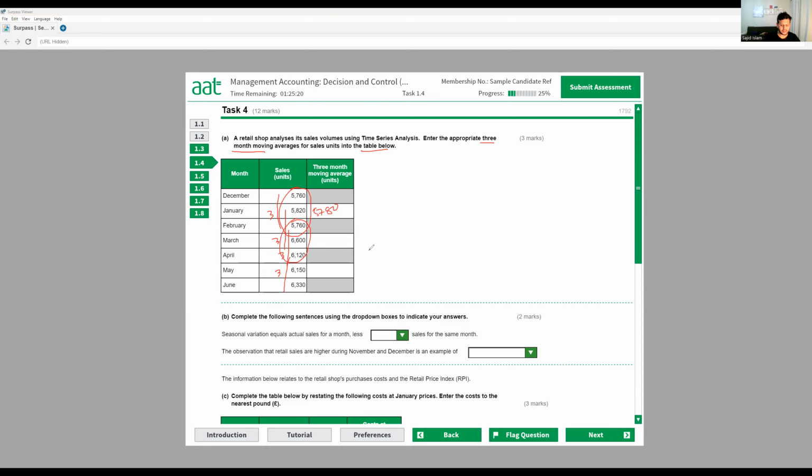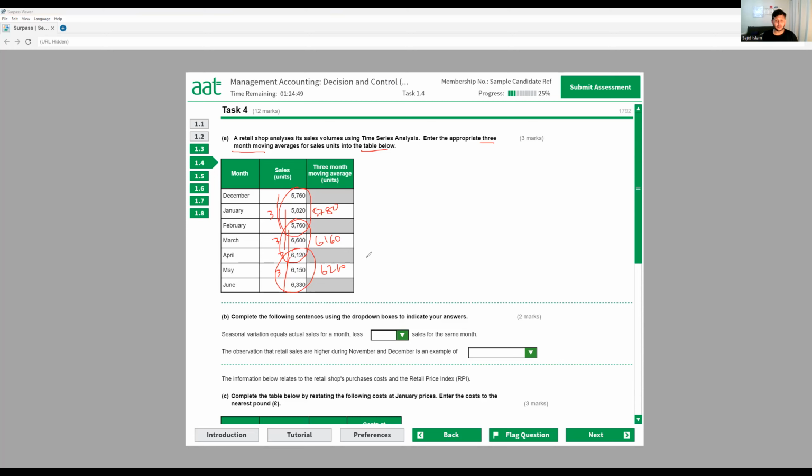So 5760 plus 6600 plus 6120 divided by 3. That is 6160. And then again, 6120 plus 6150 plus 6330 divided by 3. That gives me 6200. That's it.